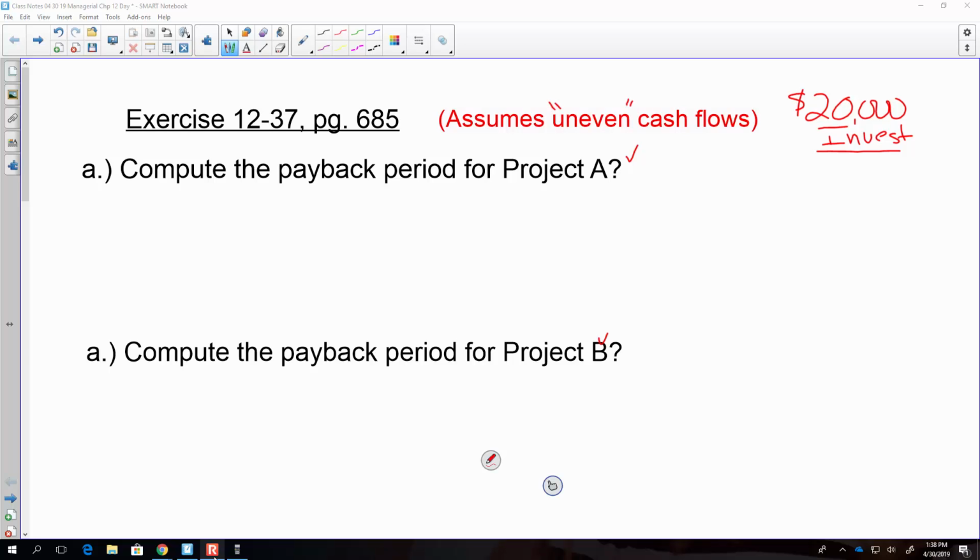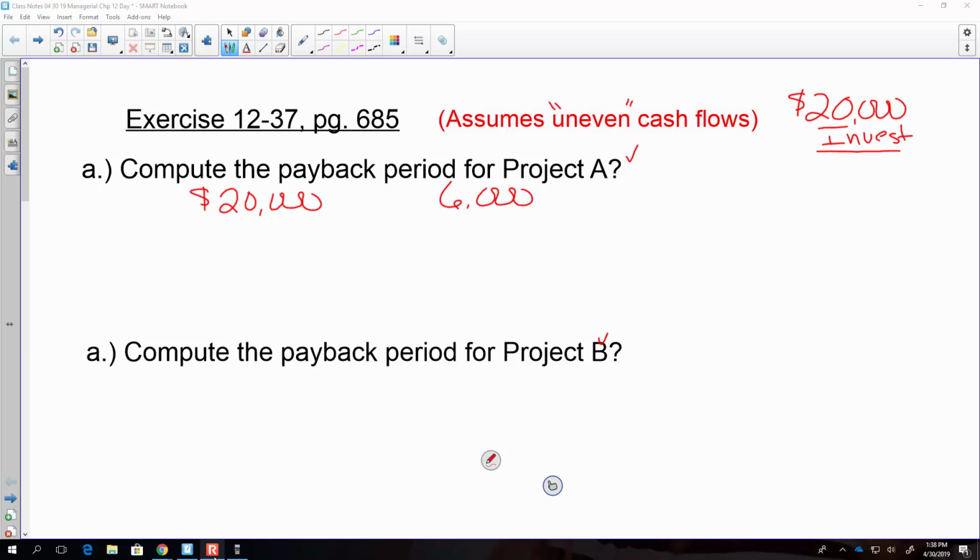So this makes the payback computation a little more complex, but hopefully it won't be too bad. So let's start with project A. I do lay it out as the book shows, where I have my unreturned investment on the left, my cash flows next to it.